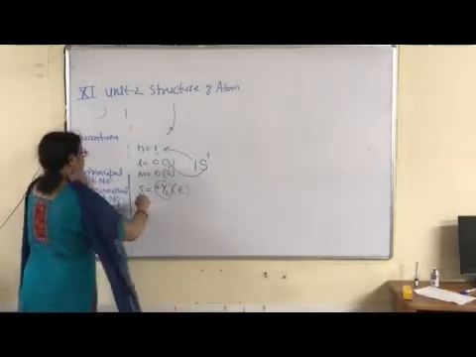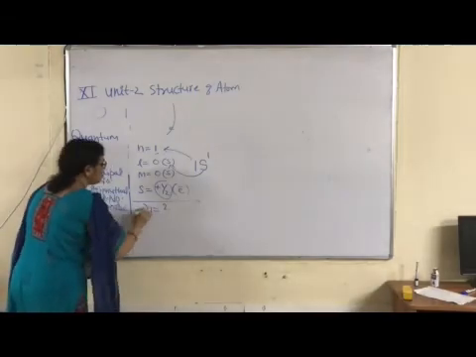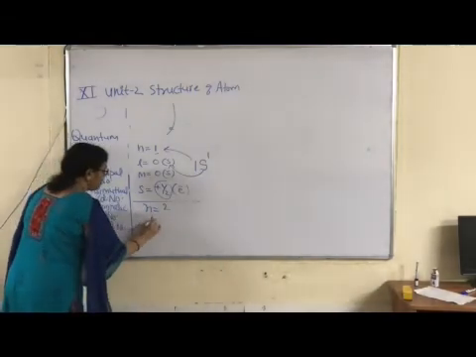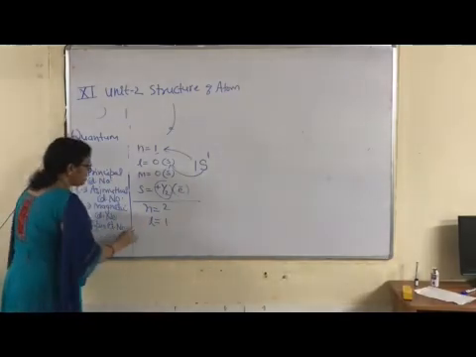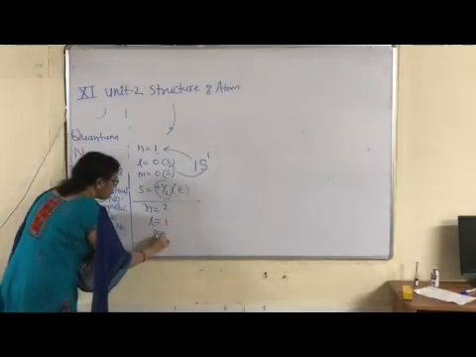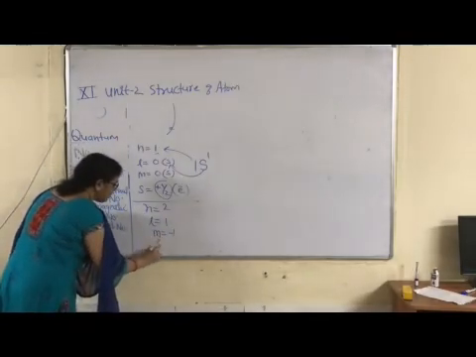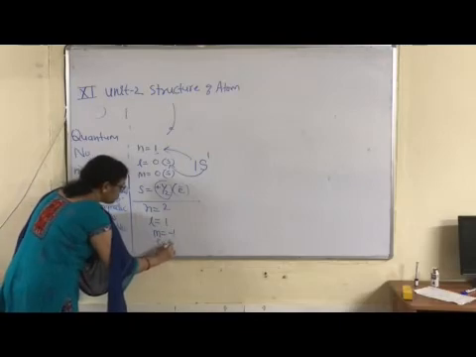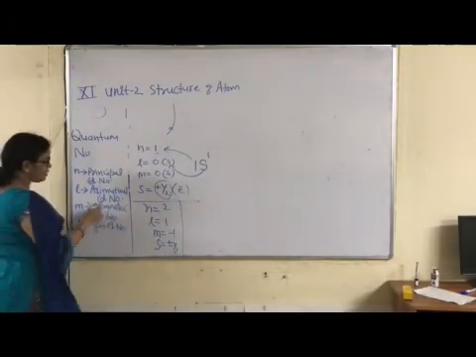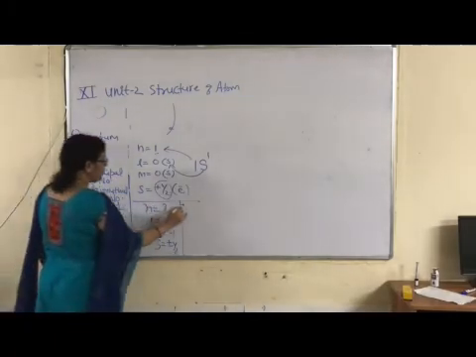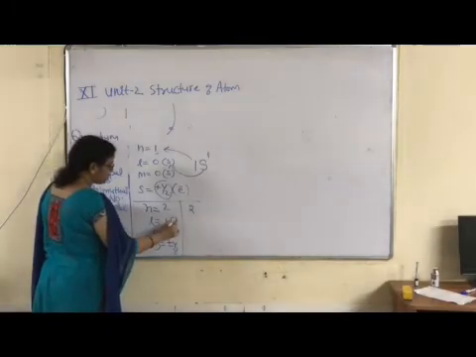Okay children. Now second set of quantum numbers, if n is equal to 2 and l is equal to 1, right? M is equal to -1, and s is equal to plus minus half. Then write the subshell notation for this set of quantum numbers. 2 means principal quantum number, and l is equal to 1 denotes p subshell.